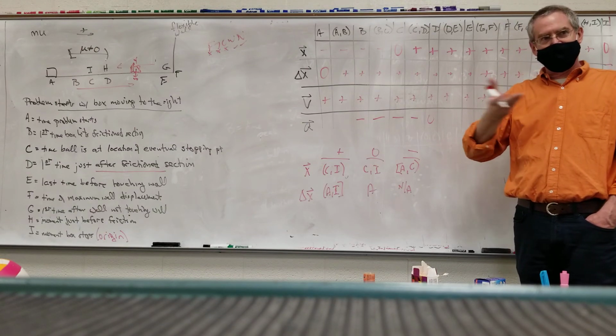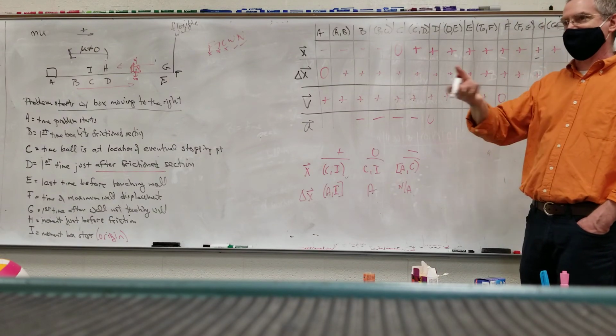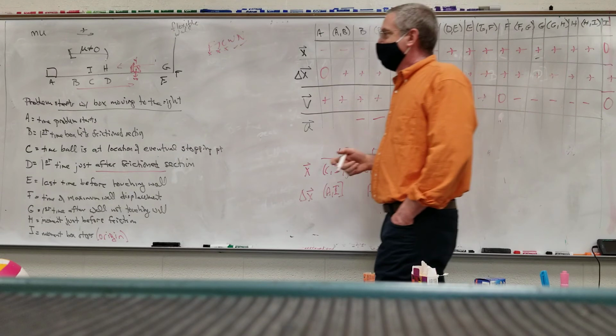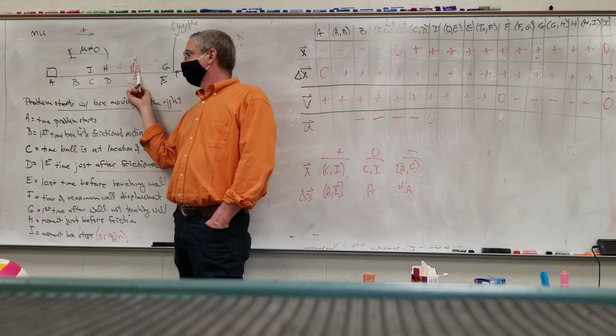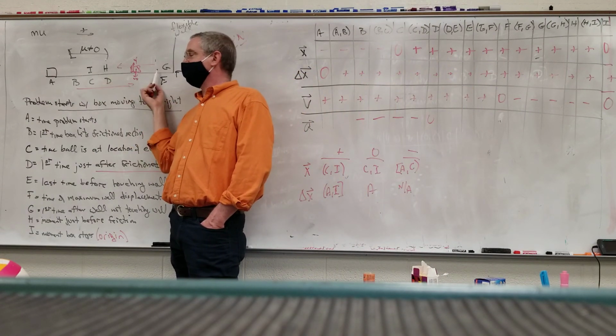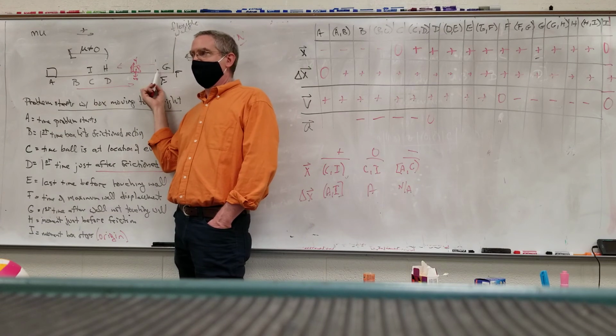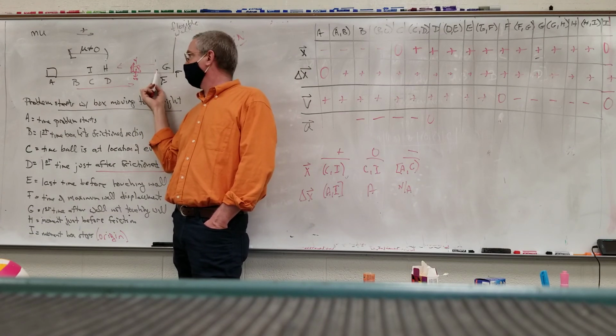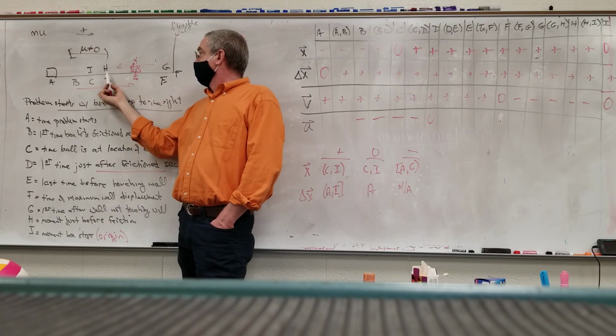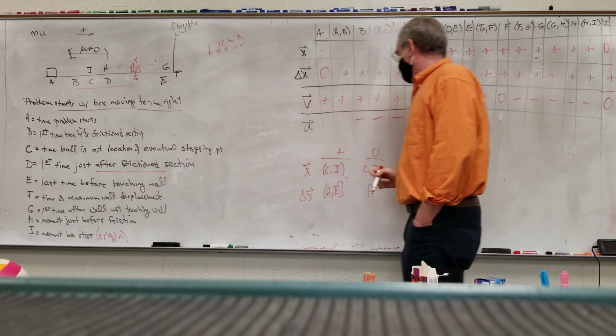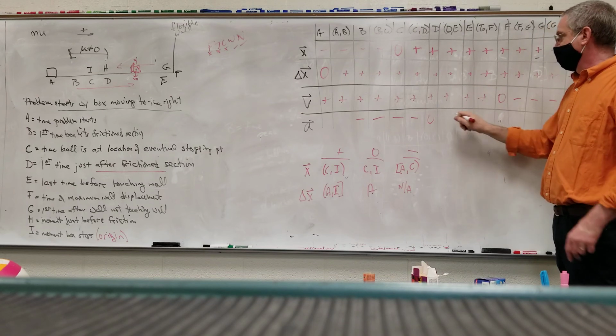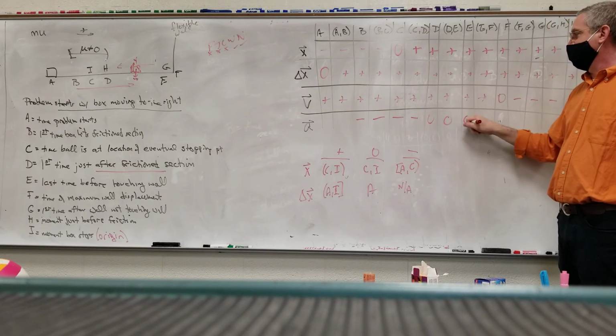None of them are horizontal. So there are no forces acting on it horizontally. In other words, it's just going to keep doing whatever it's doing. Inertia. It requires a force to make it change its motion. So that's why D is zero, because it's after the friction section. And it's going to stay that way.